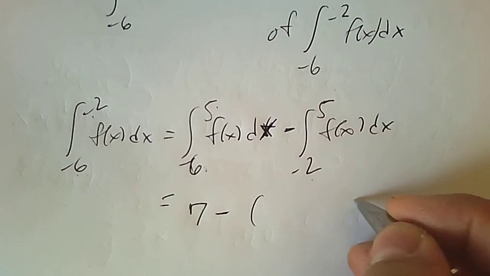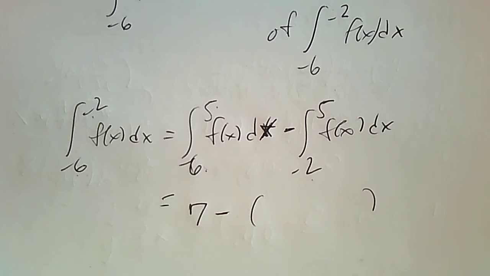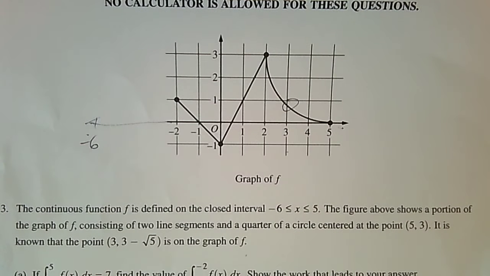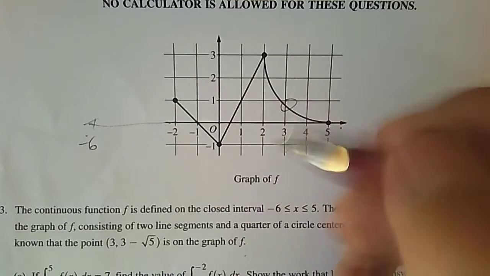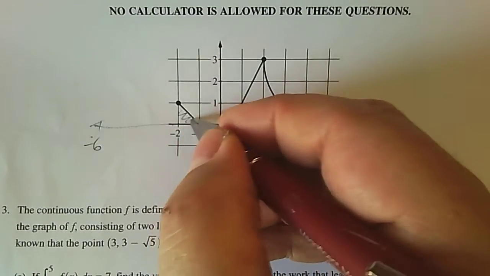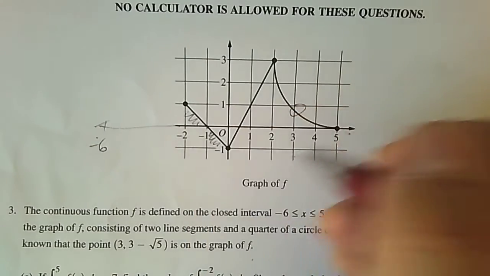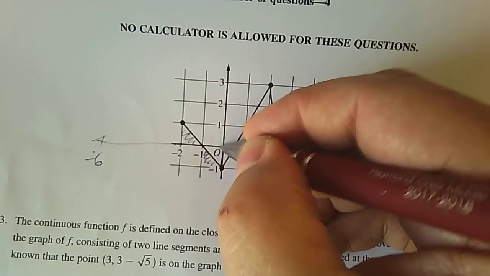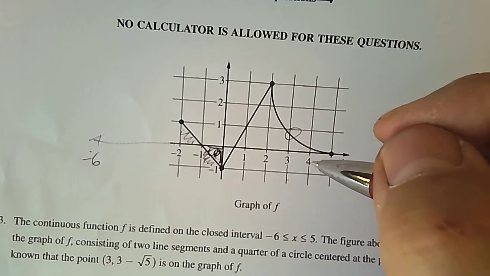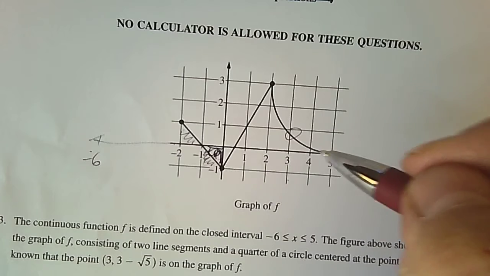And then I'm going to subtract what this answer is when I integrate from -2 to 5. So how do I do that? So let's look through that. So first of all, if I'm going from -2 to -1, there's a triangle on top and a triangle underneath, and they're the exact same area with the same slope, so they cancel out.